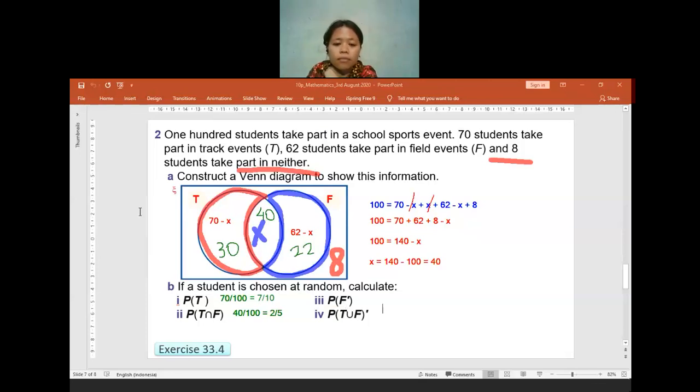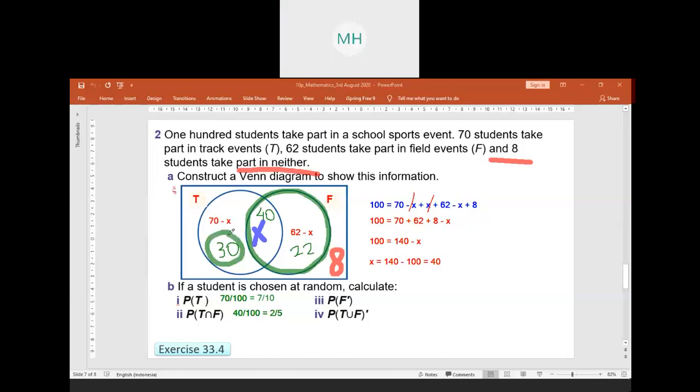38. 38 outside F. Maybe I need to put a highlighter. Wait. So this is the F. Wait, where is my pencil? Oh, this is F. F dash means outside the circle F. Is 30 outside the circle F? Yes.